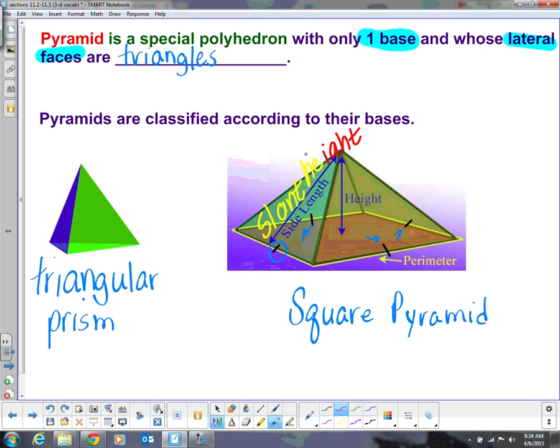That's the slant height. Why is that called the slant height? This is the height of the pyramid. This is the slant height because it's the height of one of the faces. A slant height, actually they use L.